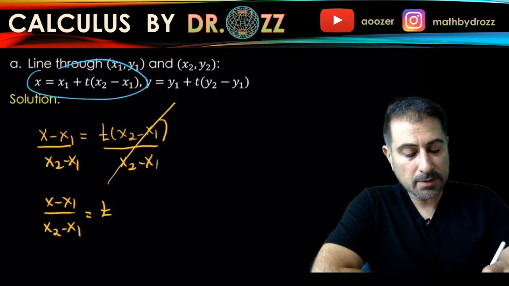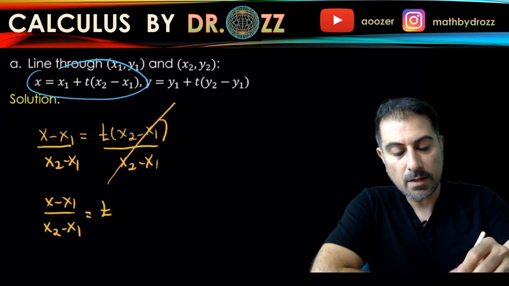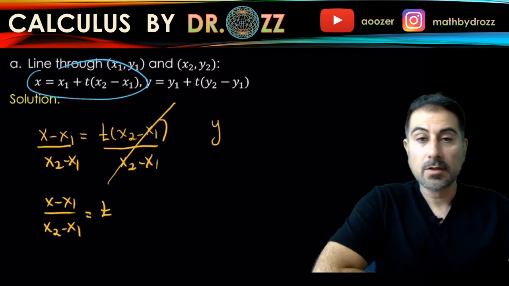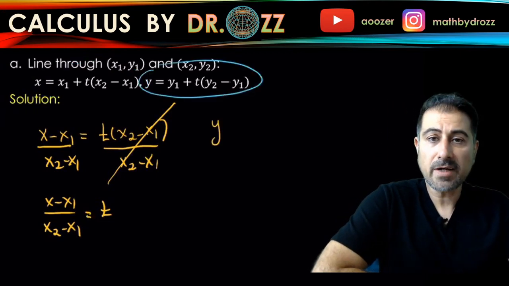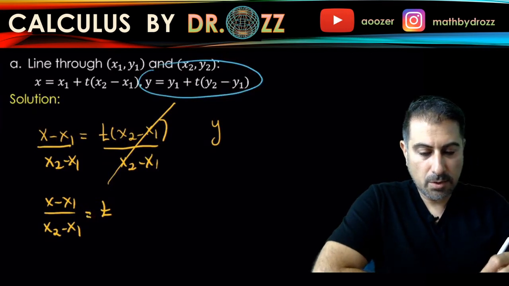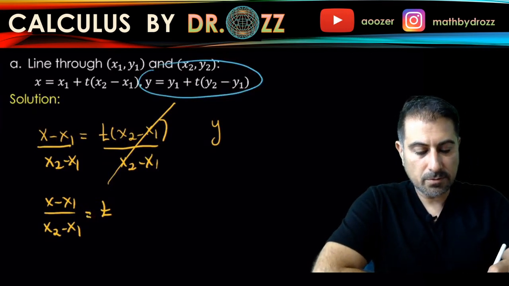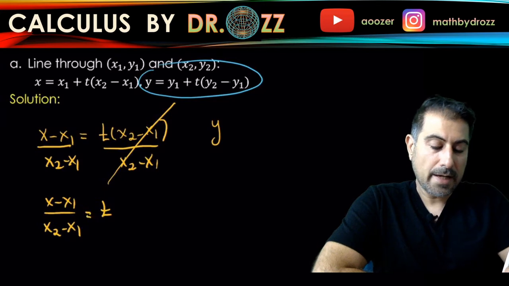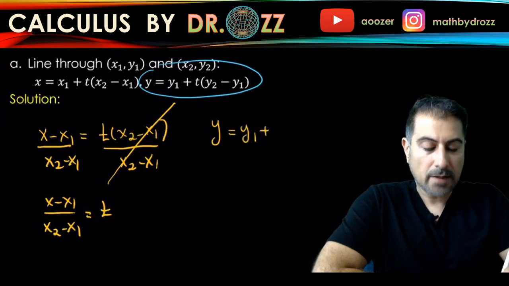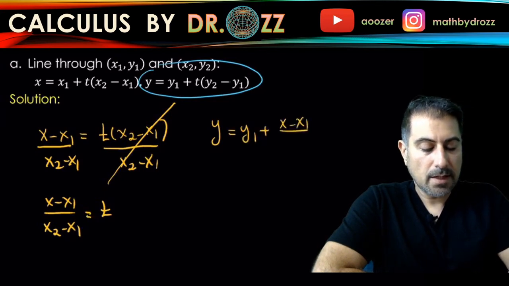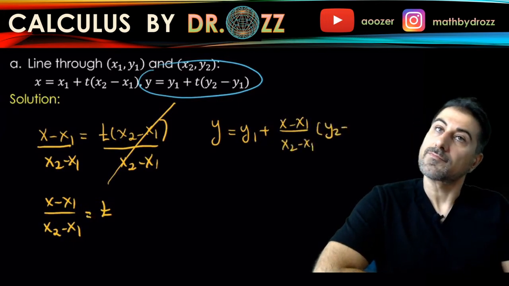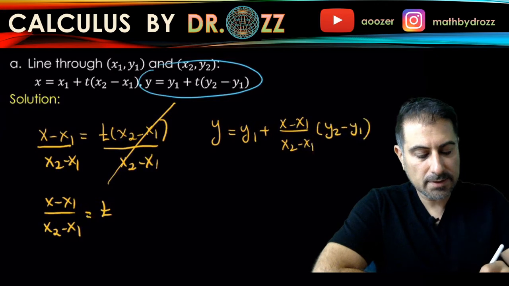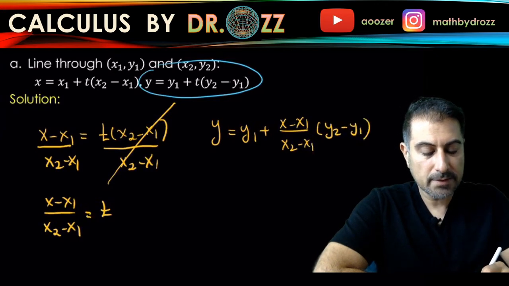Now let's plug this back into the second equation, which is y equals y1 plus t times y2 minus y1. So y equals y1 plus x minus x1 over x2 minus x1 times y2 minus y1. Now let's subtract y1 from both sides.